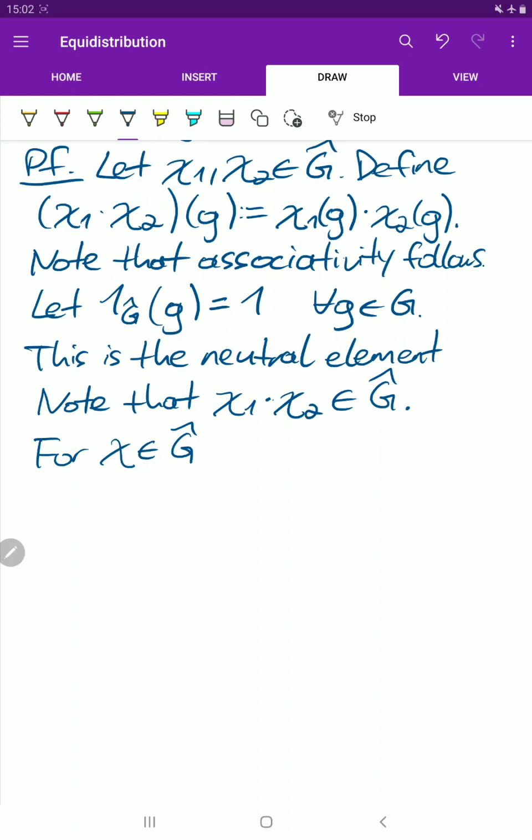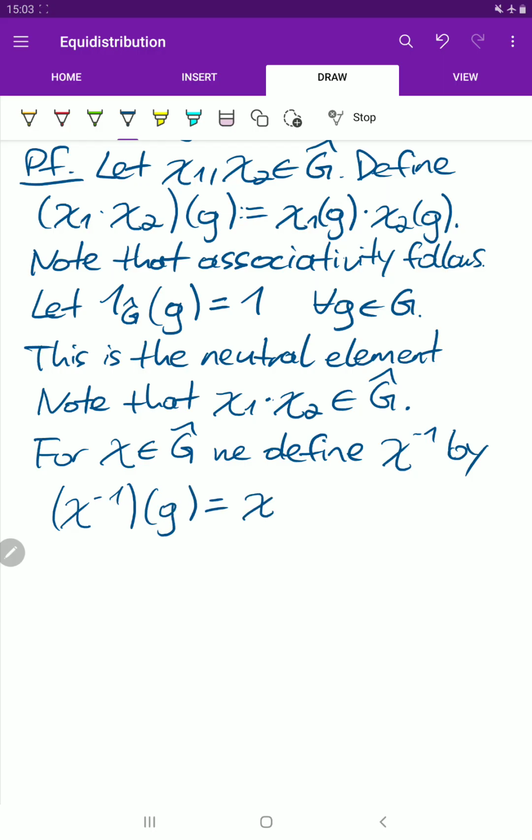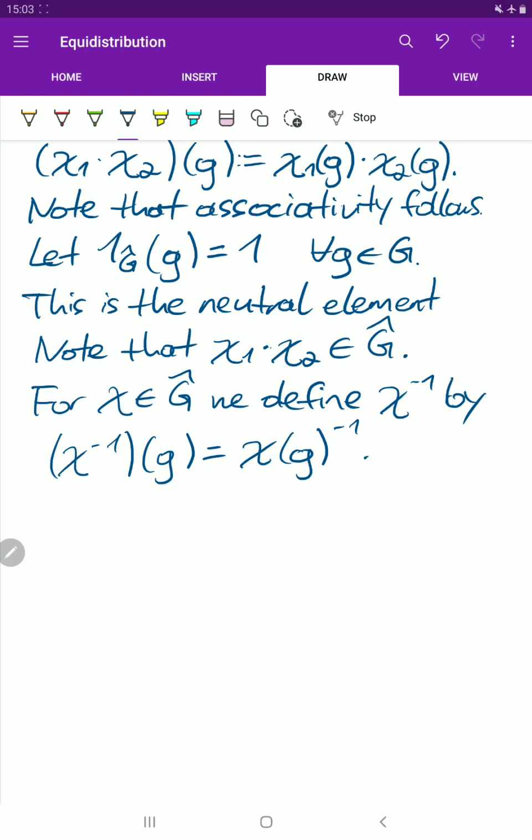So we have to show it's a group, but in the set of characters, we define the inverse as follows, namely chi inverse of g is equal to chi of g inverse. And it's easy to check that this really defines an inverse.